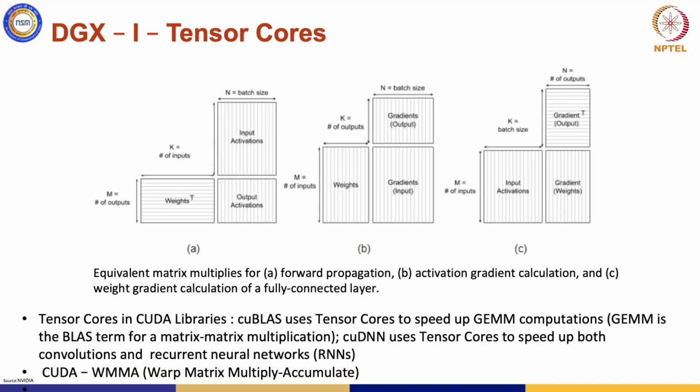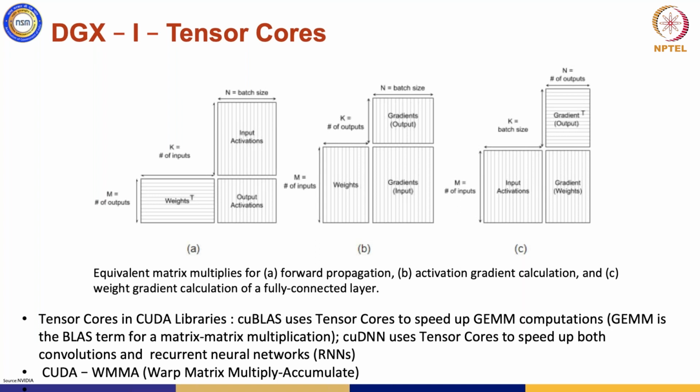So this is how we can think of trying to create easy to understand representations of whatever we would be using in our deep learning or machine learning model development. You can show it as equivalent matrix multiplications for forward propagation, your activation gradient calculation, and then weight gradient calculation when you're doing it for a fully connected layer.